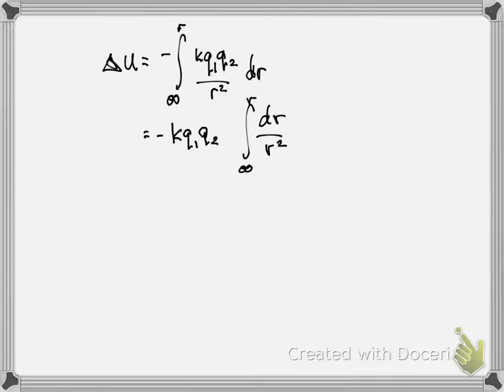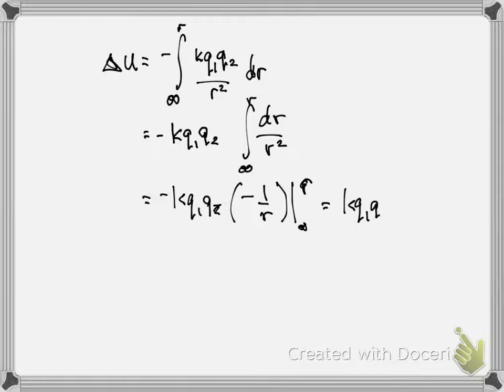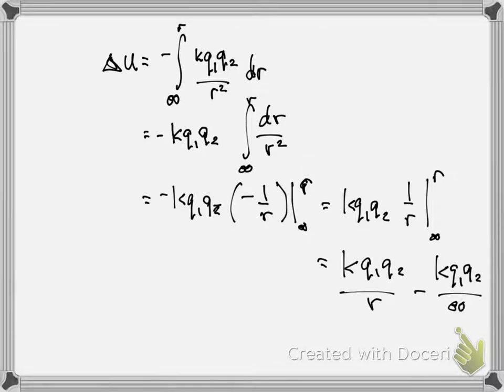Because again, we're bringing two charges from far apart to a distance r from each other, k q1 q2, and minus, and the integral is minus 1 over r, evaluated from infinity to r, which is, the two minuses cancel, k q1 q2, 1 over r, evaluated from infinity to r, which equals k q1 q2 over r, that's evaluated at r, minus k q1 q2 over infinity, which is 0. 1 over infinity is 0.